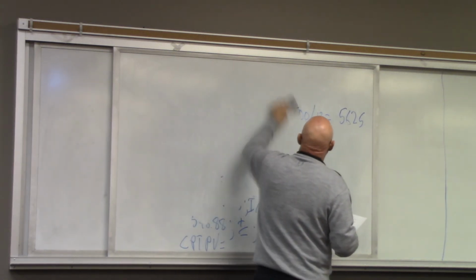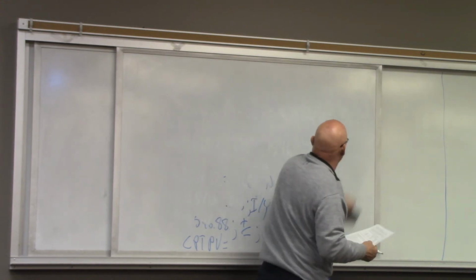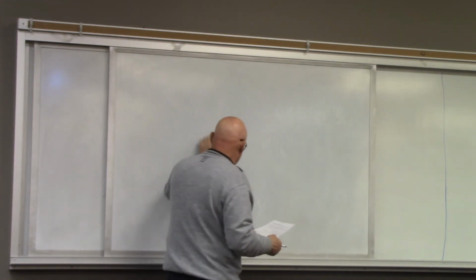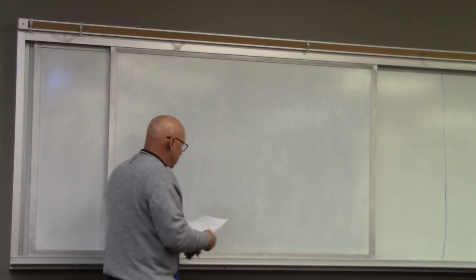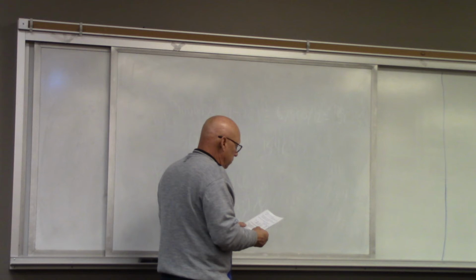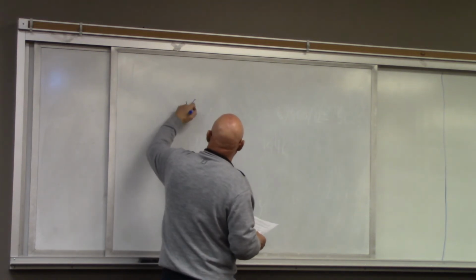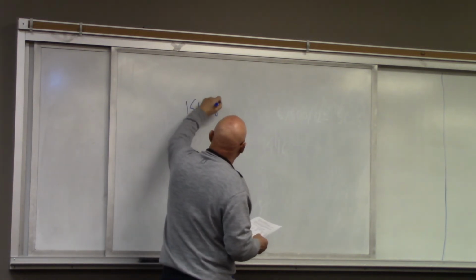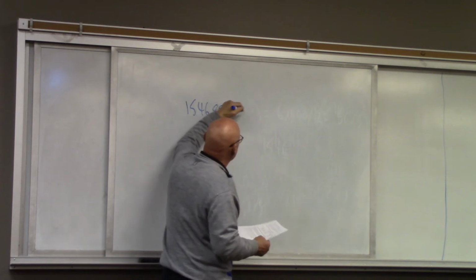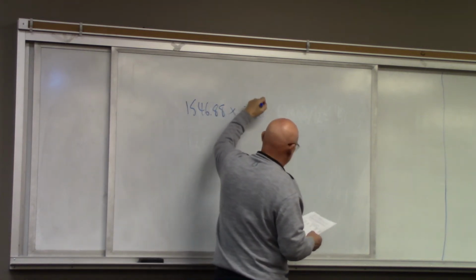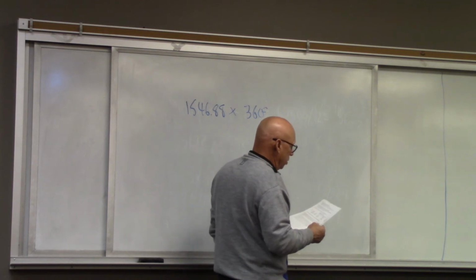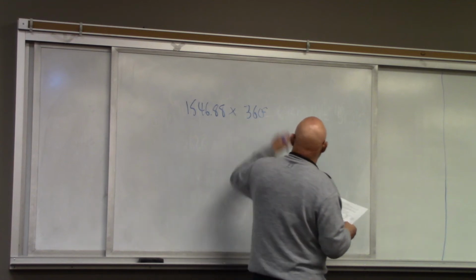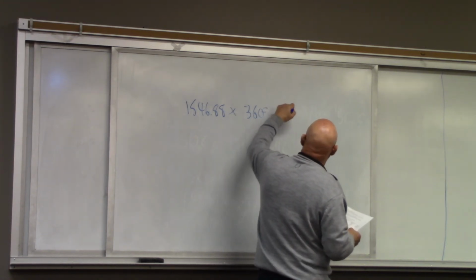Easy thing to do. Don't have to go through all these calculations of how much interest we're paying every month. We simply take the monthly payment, 1546.88, times the total number of payments, which is 360. And how much does that come out to? 556,876.18.